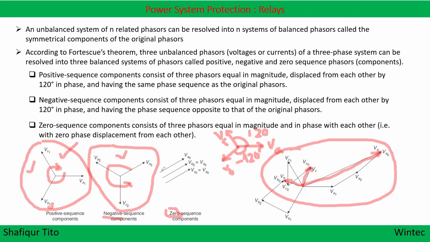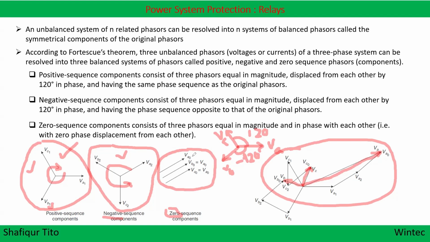That means this is similar to a DC component, so it does not have any phasor. We have discussed that in DC we have only the magnitude, and this is similar to that. With the zero sequence, that means it does not have any AC component, it is the DC component.